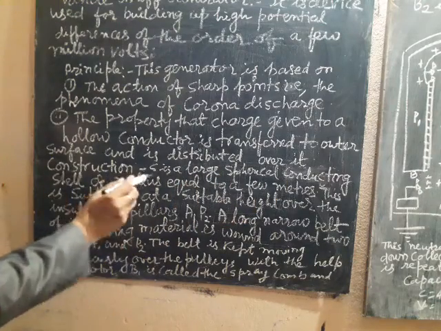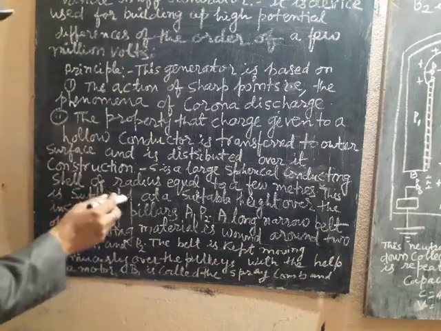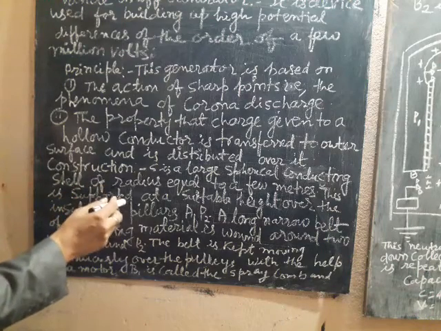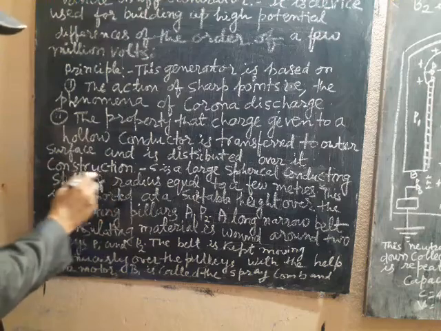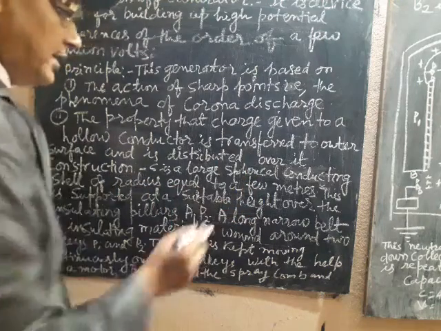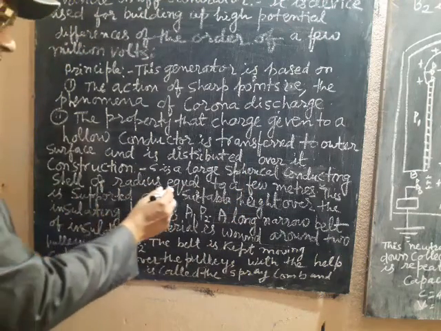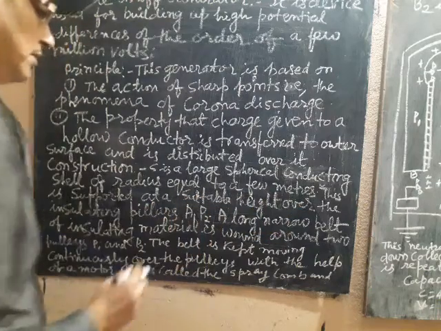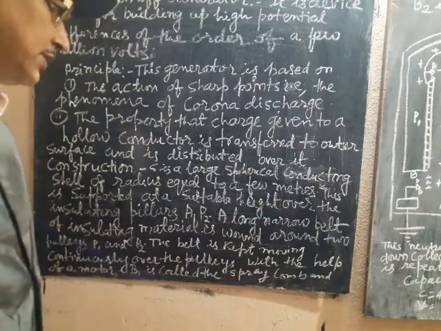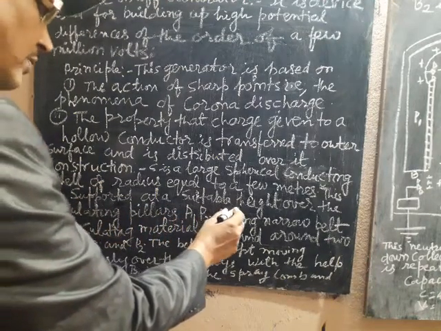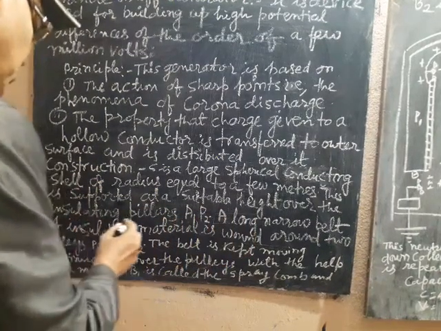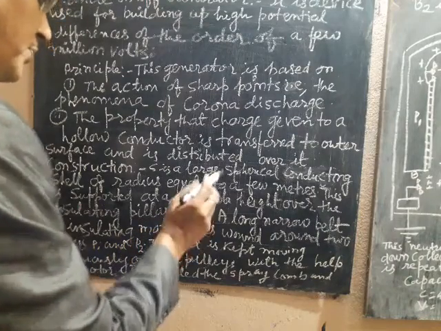Next thing, construction. I have drawn the construction of this Van de Graaff generator on another board, but here try to understand the construction. S is a large spherical conducting shell of radius equal to a few meters. This is supported at a suitable height over the insulating pillars P1, P2.